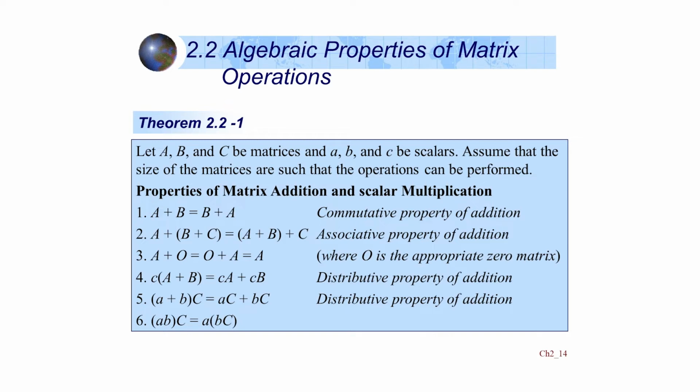So property 6 shows that multiplying a matrix by a number is okay. You can use this as for numbers: multiply C by B, then by A. You can just multiply C by AB and get the same result.